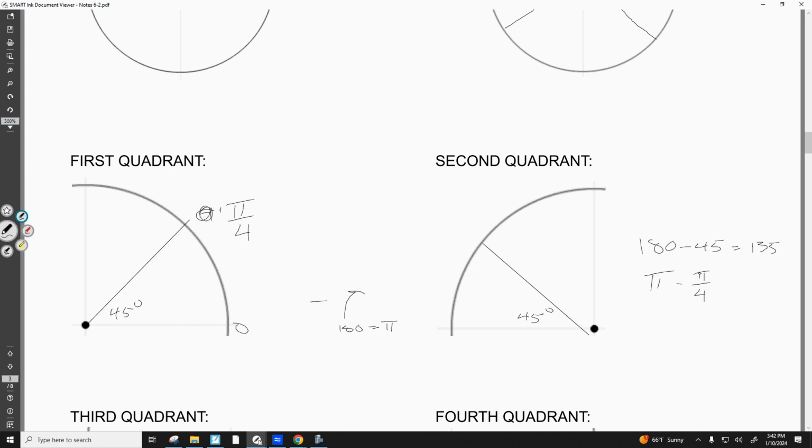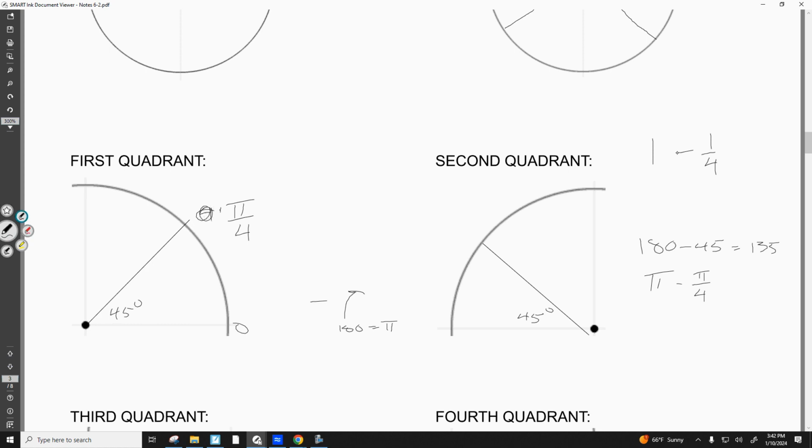What's pi minus pi over 4? Pause, think about it. Some of you have it right away. Many of you don't. Hold on. Let me help you out here. This is important. This looks complicated, but it's not. What is 1 minus 1/4?